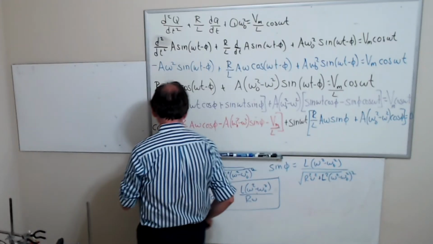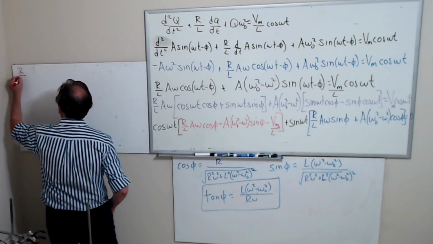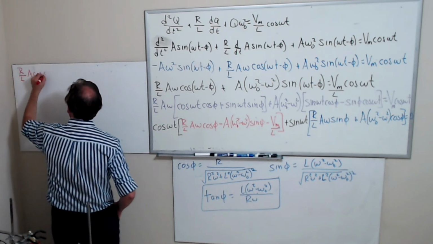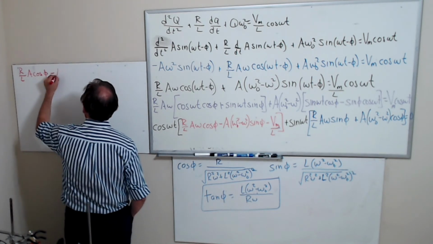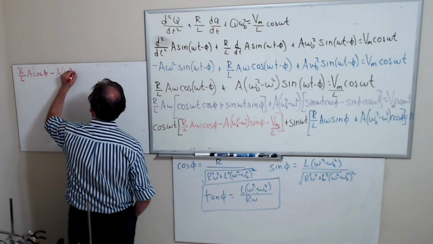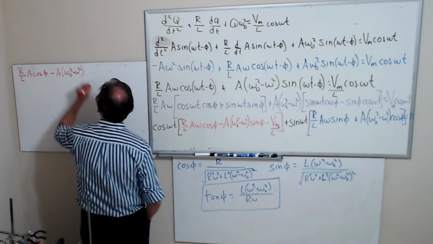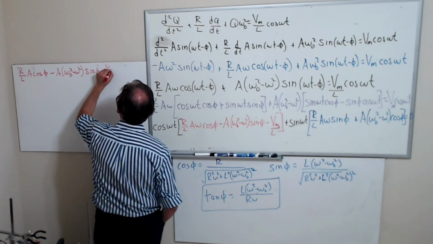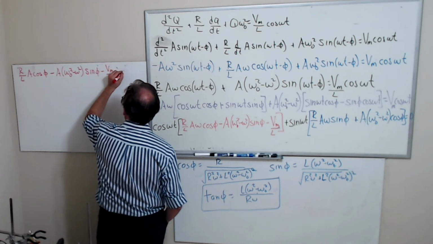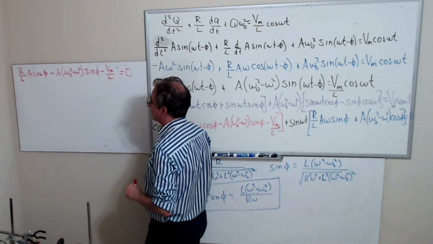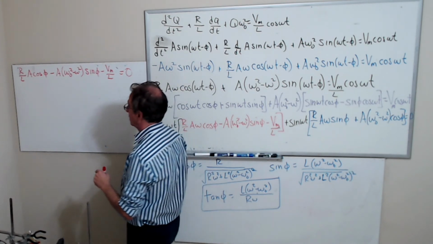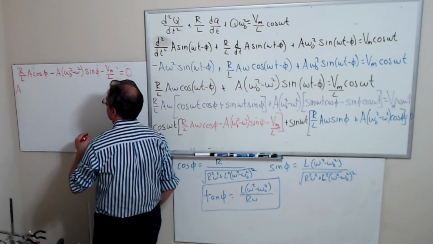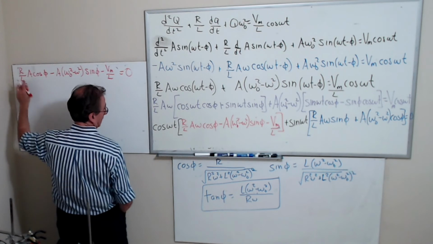This thing also has to be 0. So this term has to be 0. And I can solve for A. I know what phi is already. So let me pull out the A from here. And I'm missing an omega.